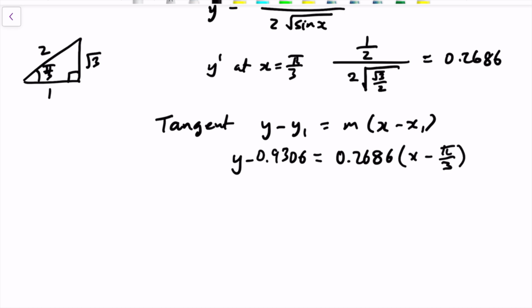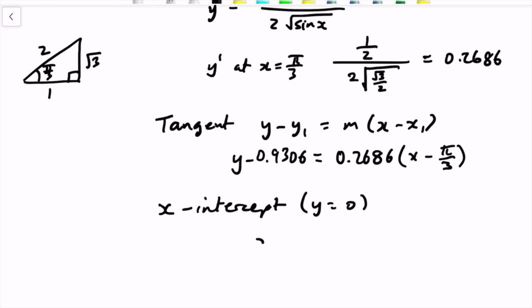Sorry, I'm inconsistently working between surds, which I've rounded to decimals, and I'm leaving pi over 3 in exact form, no real reason for that. And then we want our x-intercept. Our x-intercept will make y 0. If you do that, y being 0, minus 0.9306 divided by 0.2686 and then add pi over 3, you end up getting minus 2.4175.